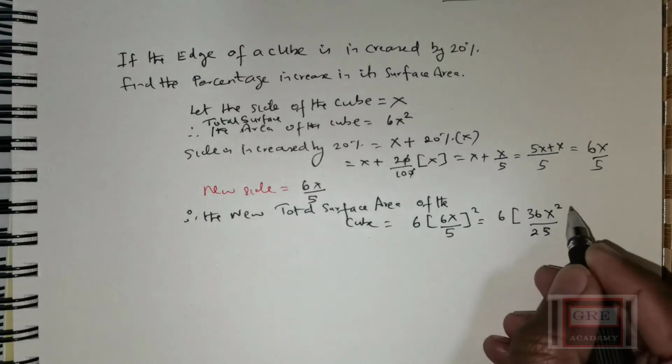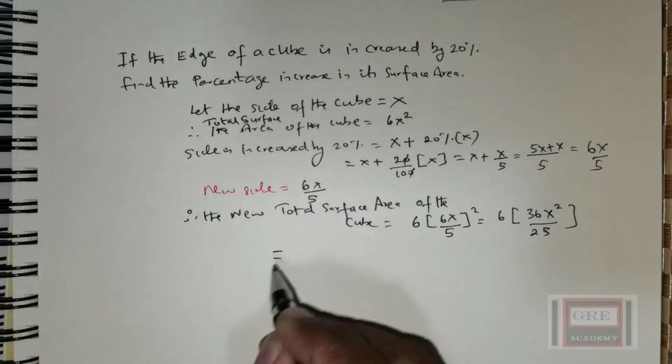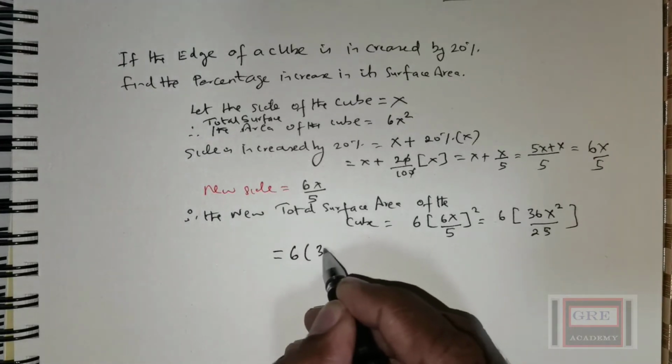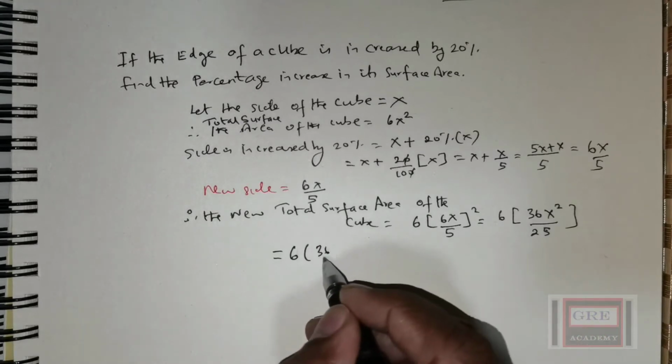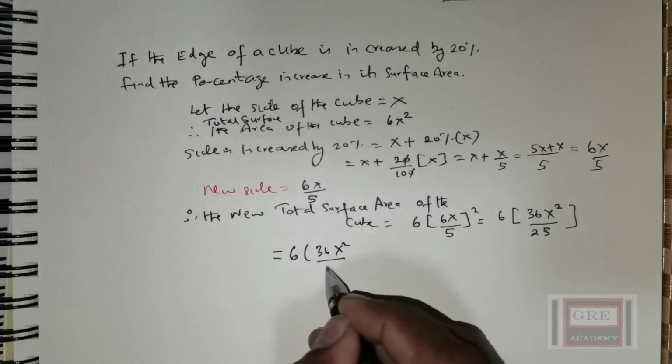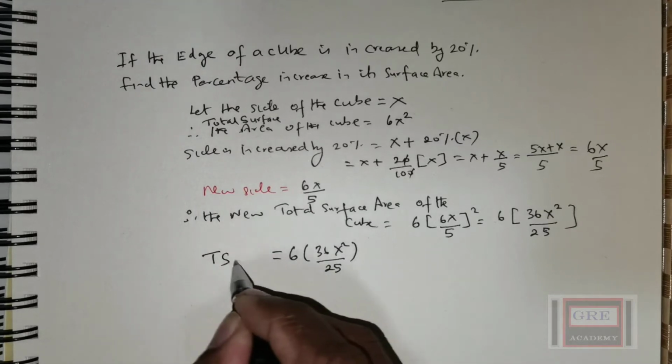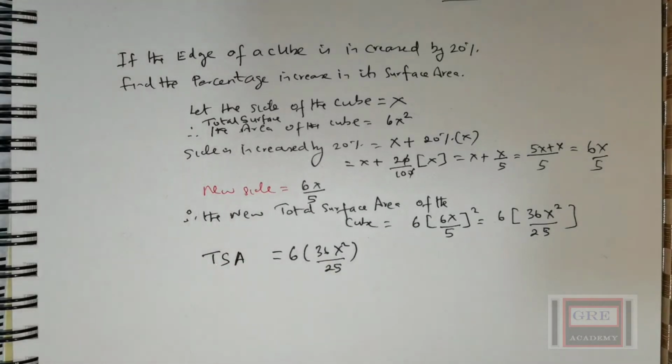That's going to be 25. So this can be further rewritten as 6 times 36x squared over 25. Okay, this is the new total surface area of the cube.